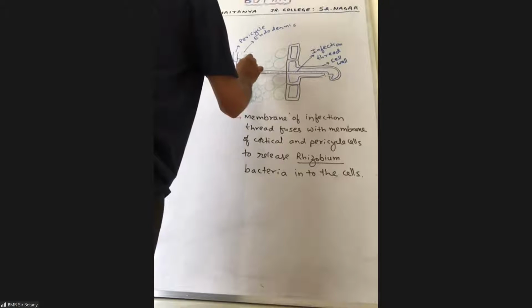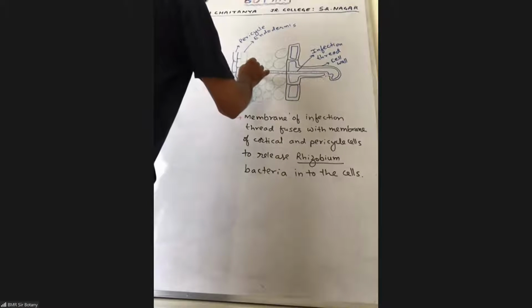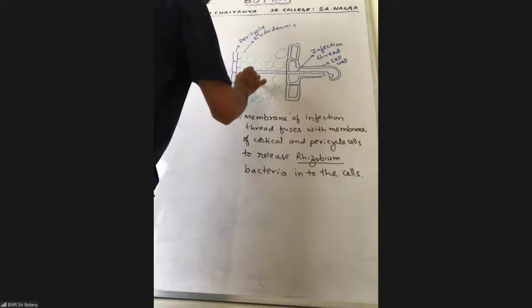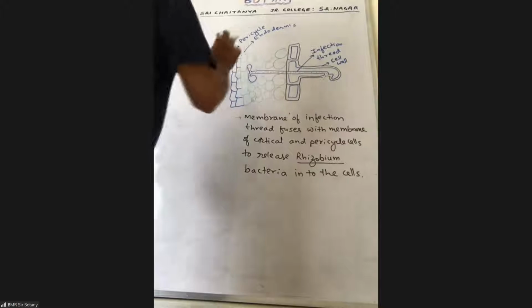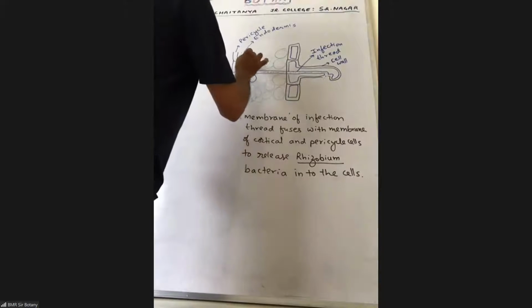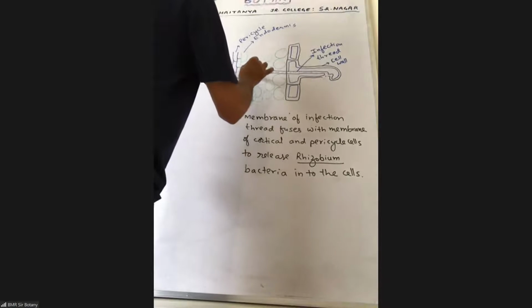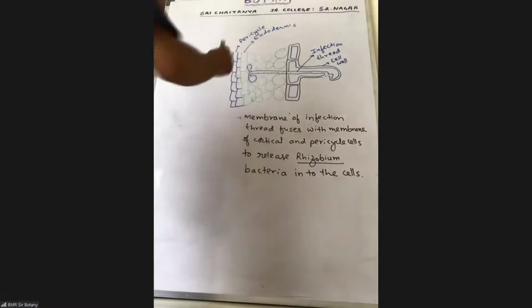Bacteria are released by fusing with the cortical cells' membranes. How? It is the ability of bacteria, you can say, Nana. The red colored ones I am showing are rhizobium bacteria.